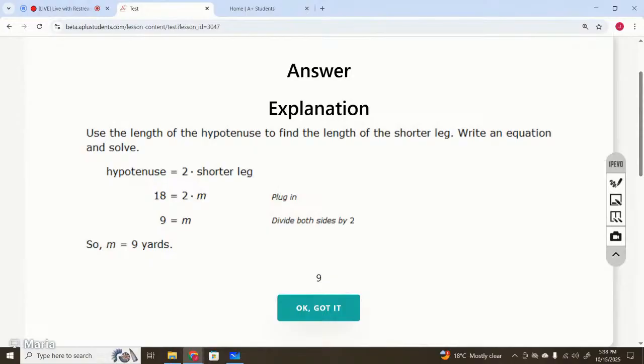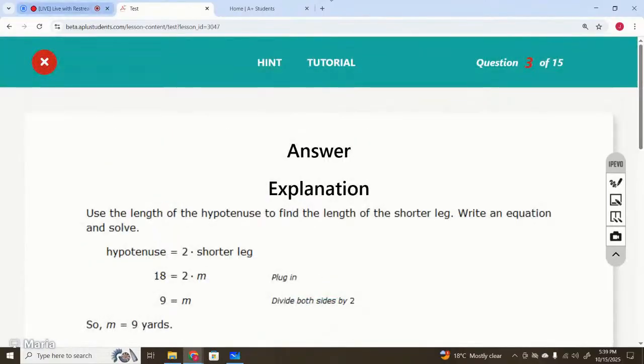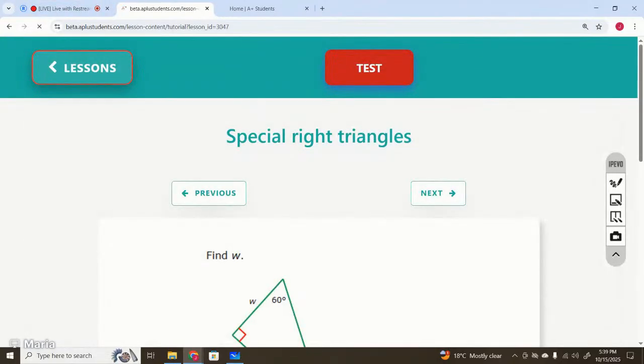The hypotenuse is 18. So M equals 9. The correct option is 9. Okay, you can complete the lesson by yourself later today.